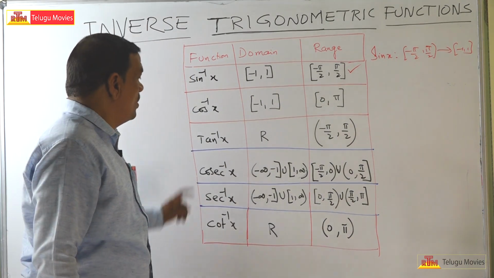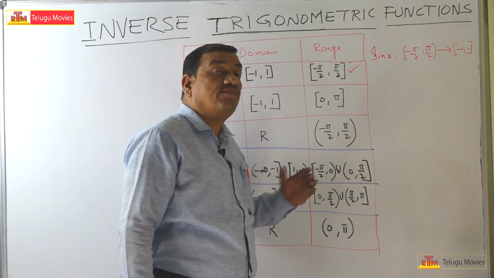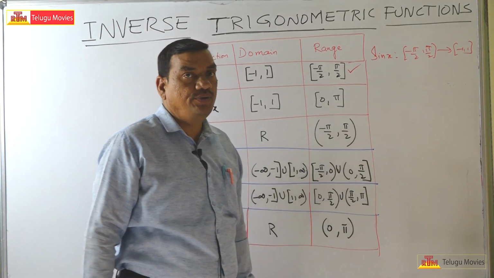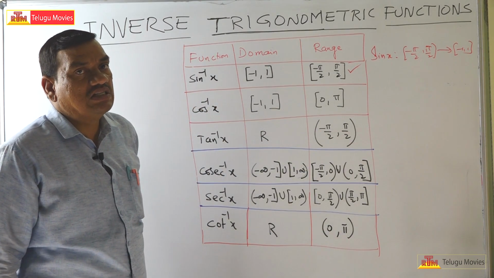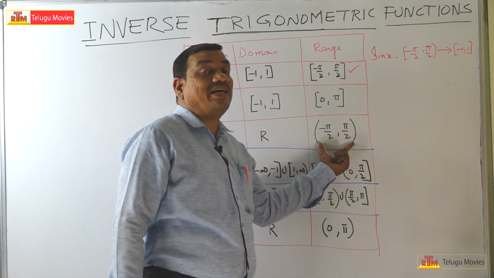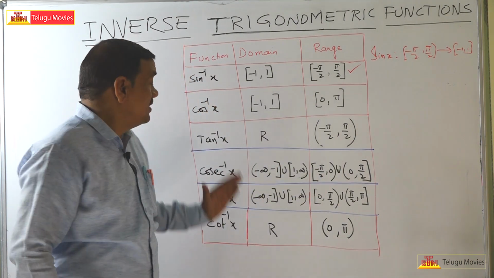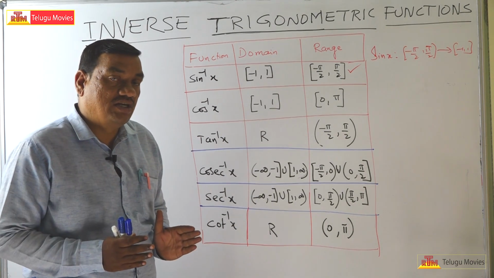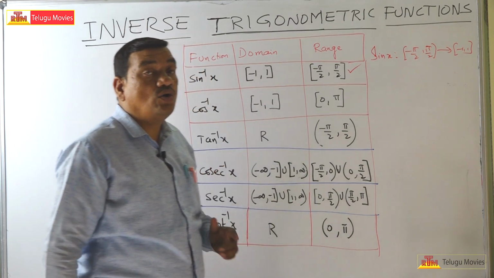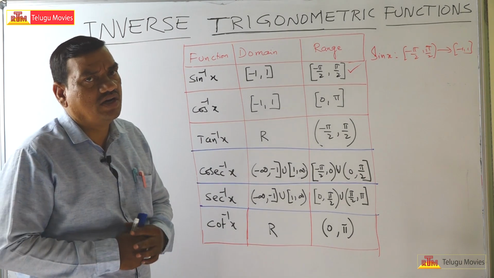Now, for tan inverse of x, if you restrict the domain to the open interval minus pi by 2 to plus pi by 2, you should not take pi by 2, because tan pi by 2 is not defined. In that interval, the tan x function is a bijection, therefore its inverse exists. The inverse has domain the set of real numbers, and range minus pi by 2 to plus pi by 2.